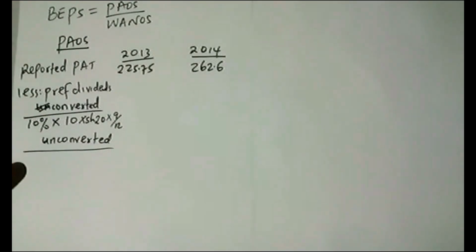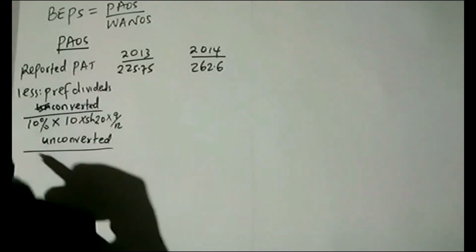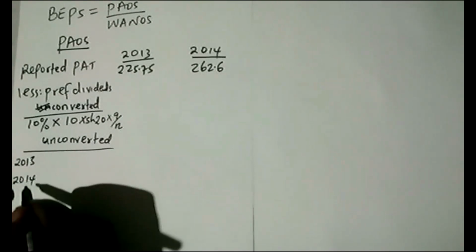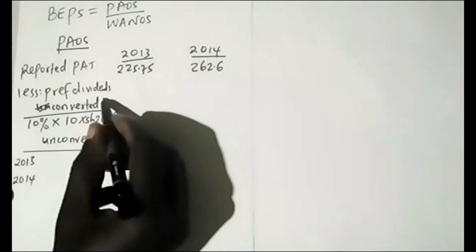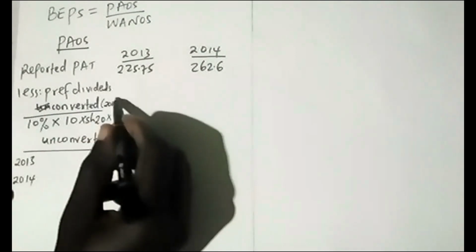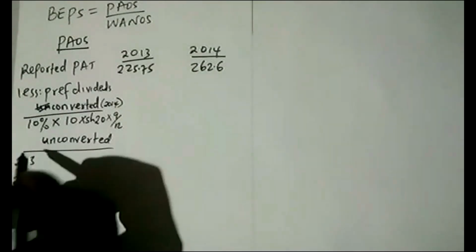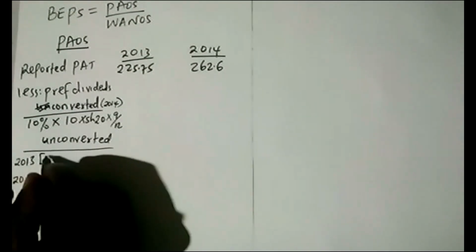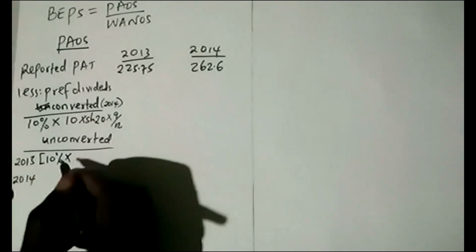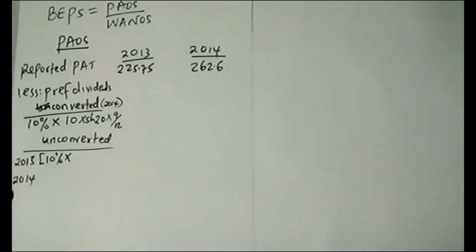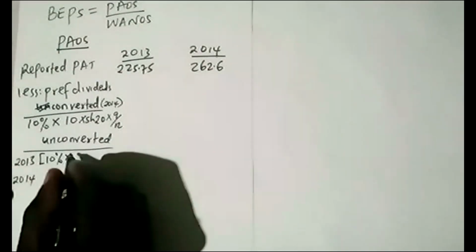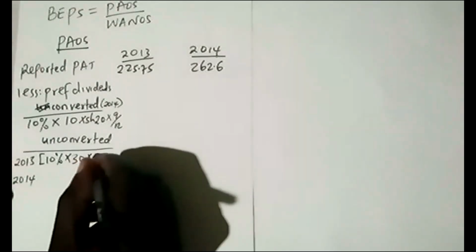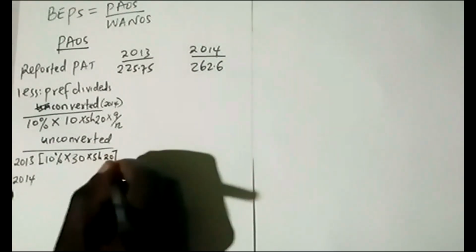So unconverted now, let's talk about 2013 and 2014. Remember this was in 2014. So for 2013, I will take the 10% of the total value of the preference shares which was issued, which is the 30 million times shillings 20.